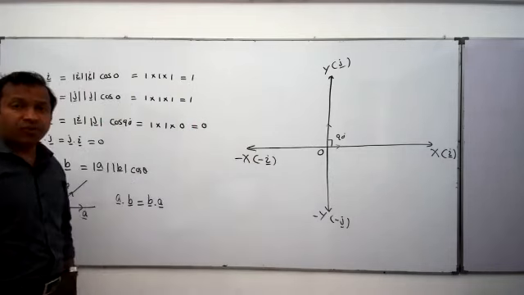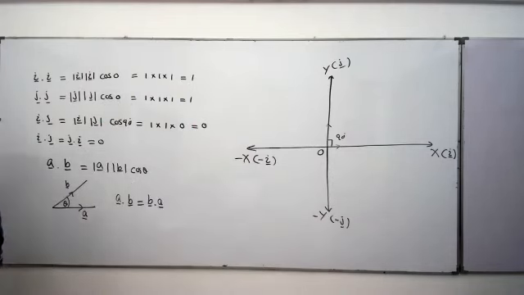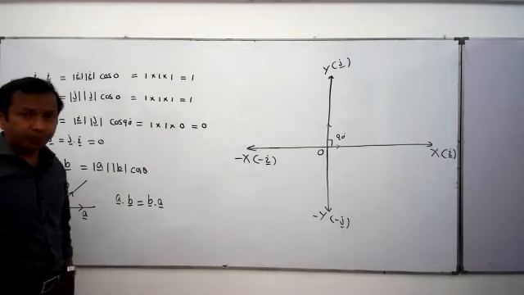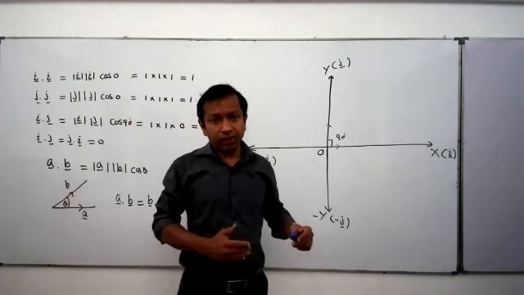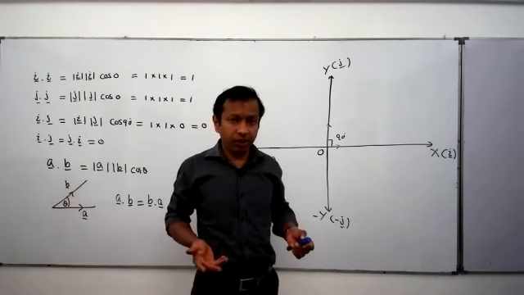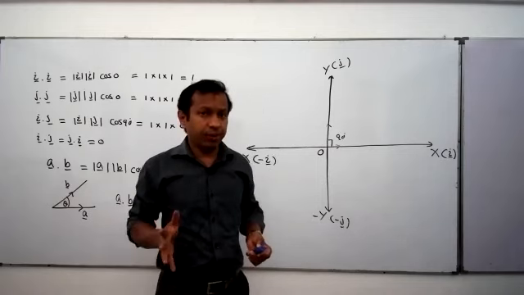Now, what you have to understand from here, people, whenever we consider vectors in the OXY Cartesian coordinate plane, along the x-axis the unit vector is i, along the y-axis the unit vector is j.